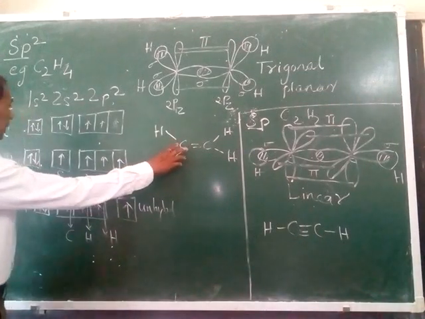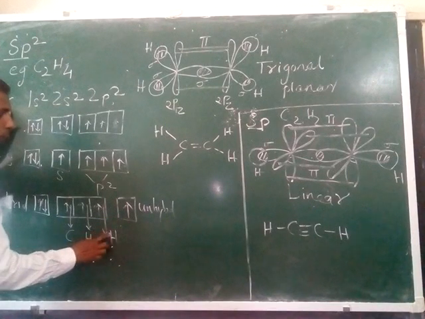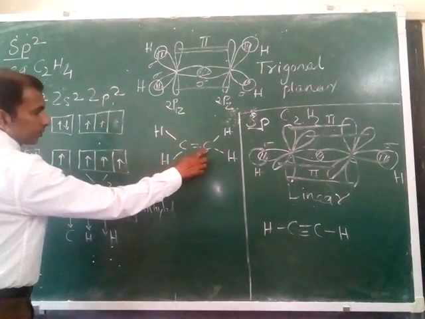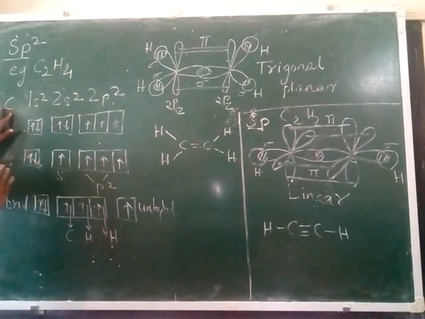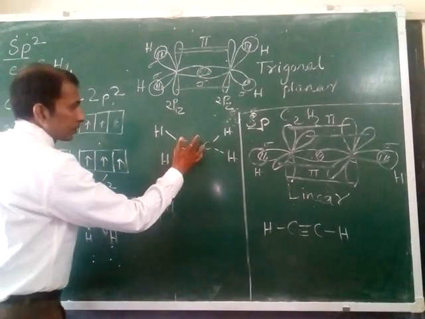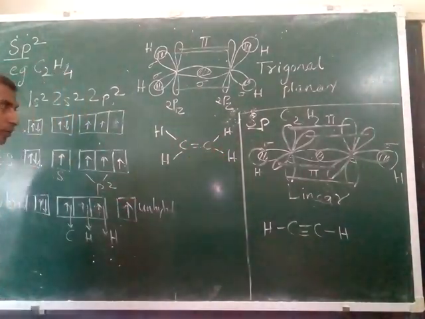So this is the carbon atom, forming 2 bonds with 2 hydrogens here and 1 bond with the second carbon. Similar will be the case for the second carbon atom: a single bond with this carbon atom, then bonding with 2 hydrogen atoms.